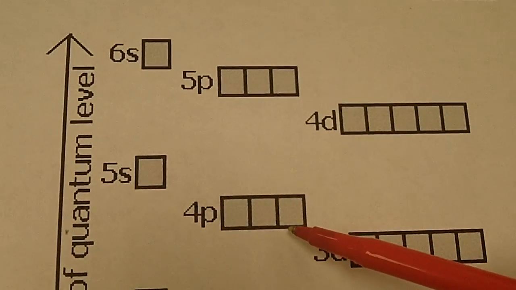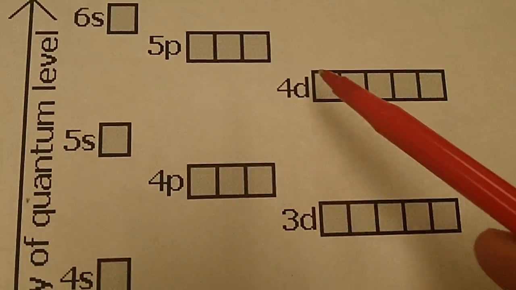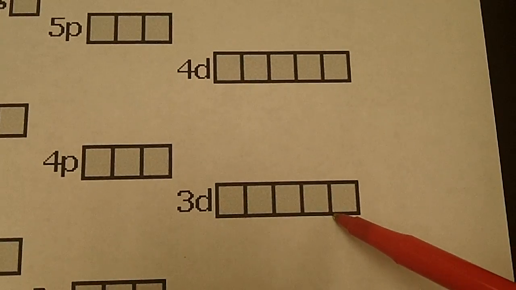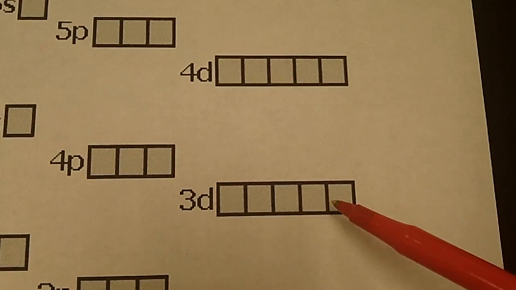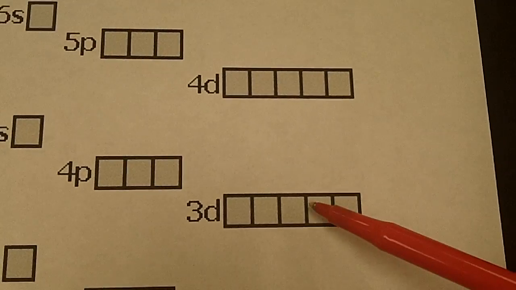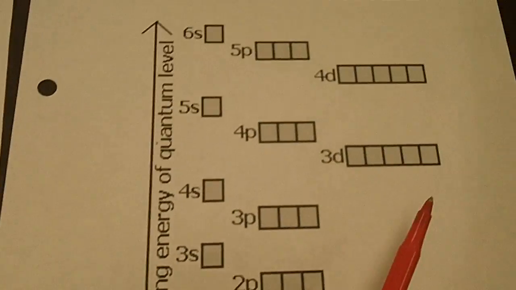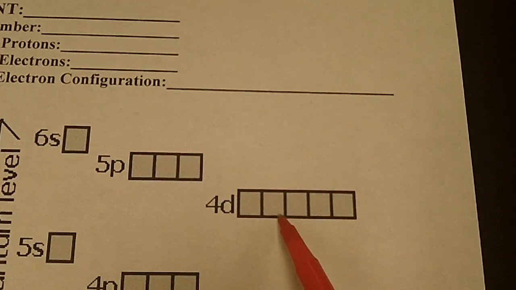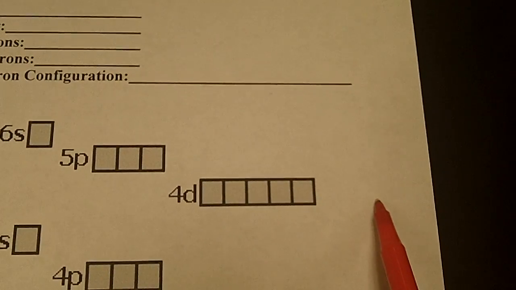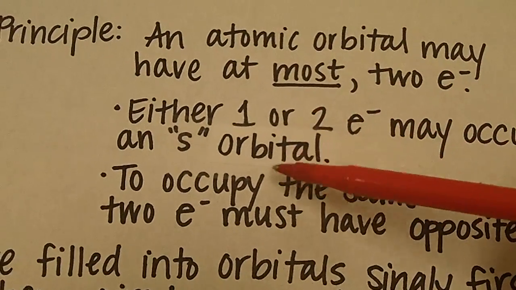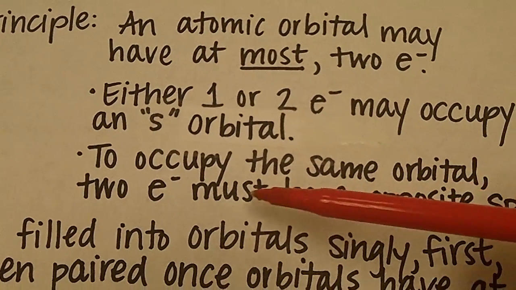And then you have your d sublevels. They have 5 different orbitals in each. They can hold 5 times 2, 10 electrons. What I don't have on here is the f. If I had an f sublevel, I would have 7 different boxes together, and that would hold 7 times 2, 14 electrons.